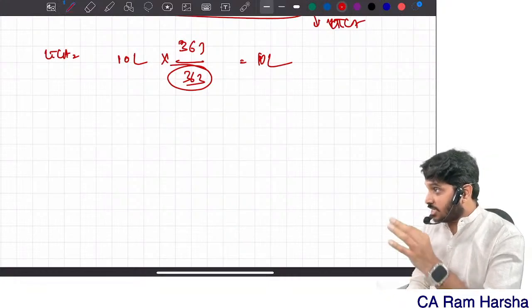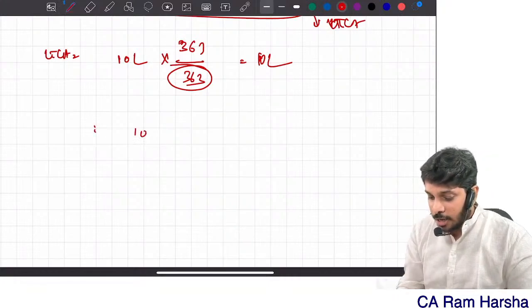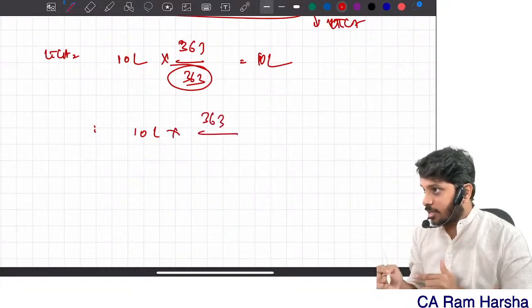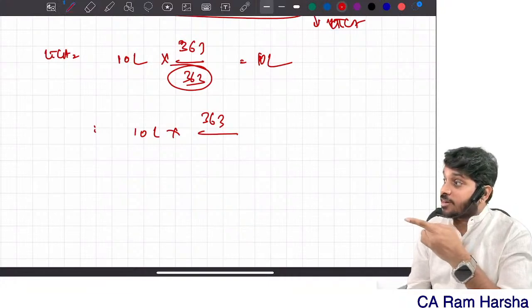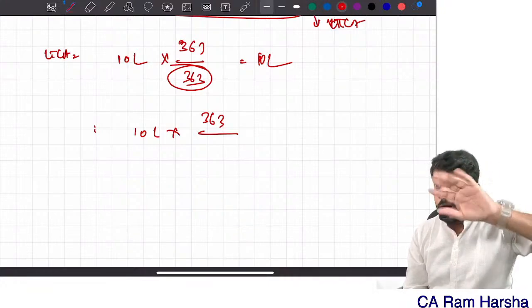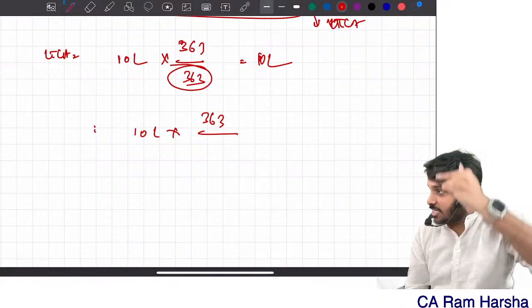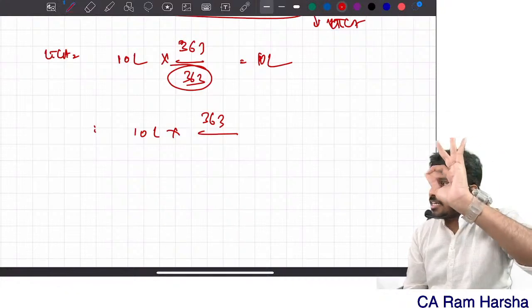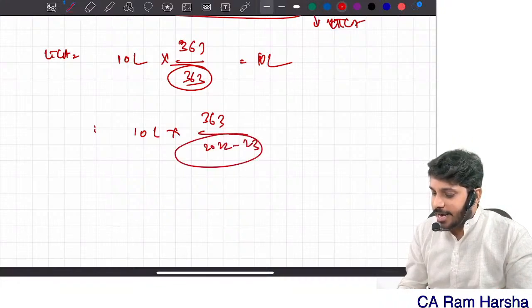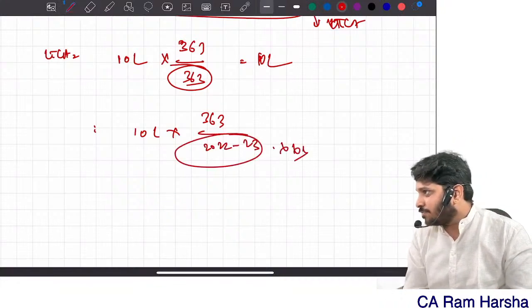So 10 lakhs multiplied by 363, the year in which you sold the asset, over the denominator, the index number from when we are computing the period of holding for you, 2022-23 onwards. So put the 2022-23 index number, whatever it is.